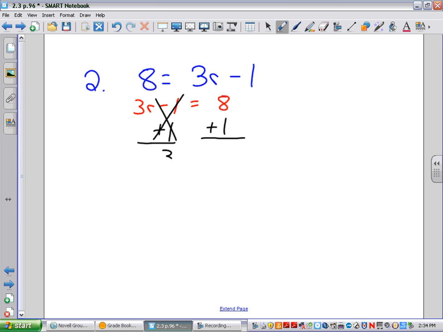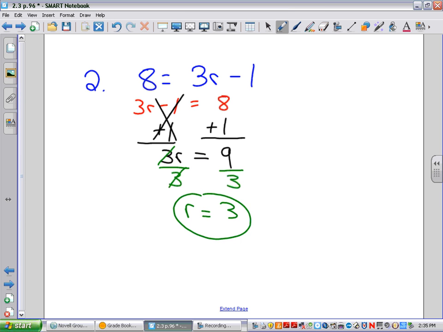Bring down the 3r equals 8 plus 1 makes 9. That's your first step. Your next step is to get rid of the 3, so you divide by 3 on both sides. You can mark out your 3's, and r is my answer. 9 divided by 3 is 3. Number 2, r is 3.